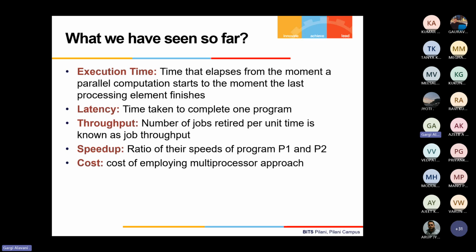So the execution time would be approximately 10 milliseconds, because that's the processing time for the server. But the latency can include the network transmission time, that is, how much time you take to receive the request and to send the response.